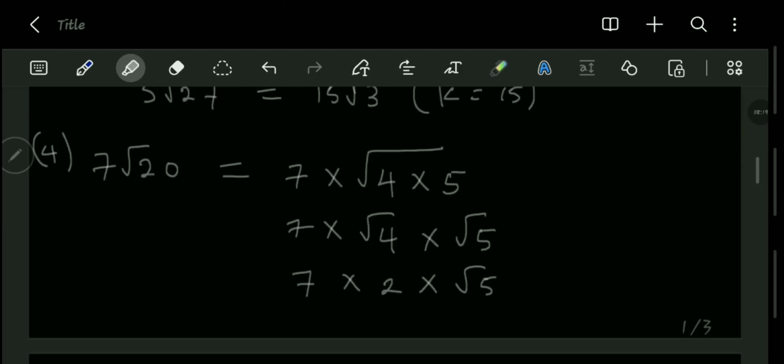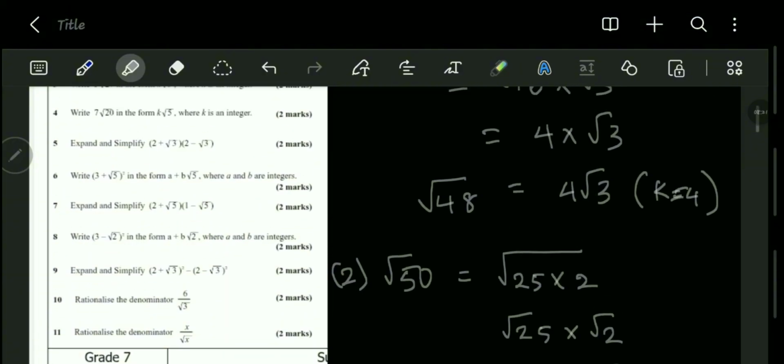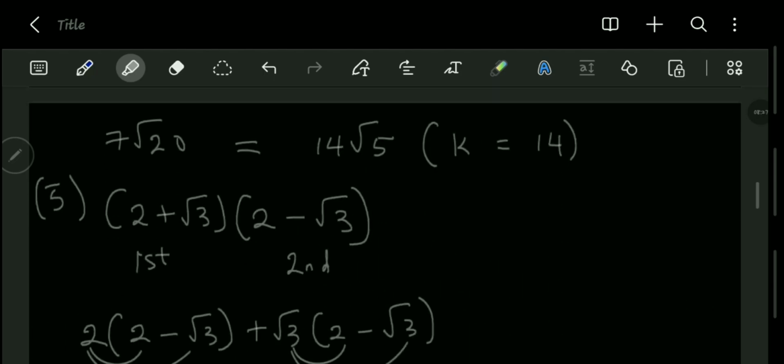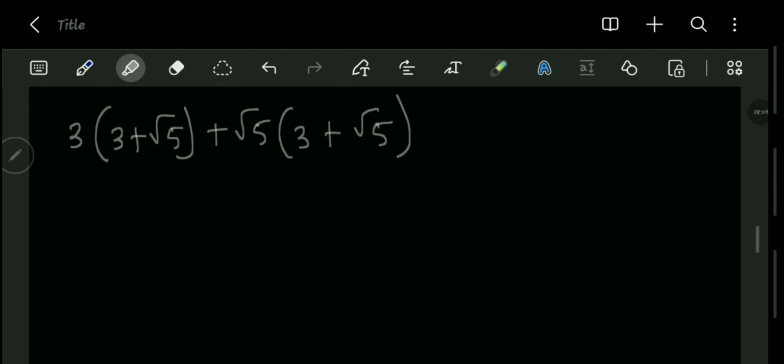Remember, we have to leave our answer in the form of a plus b surd 5, and state the values of a and b. So if we do that, this is going to give us 9 plus 3 surd 5, then plus 3 surd 5, plus surd 5 times surd 5 gives surd 25.